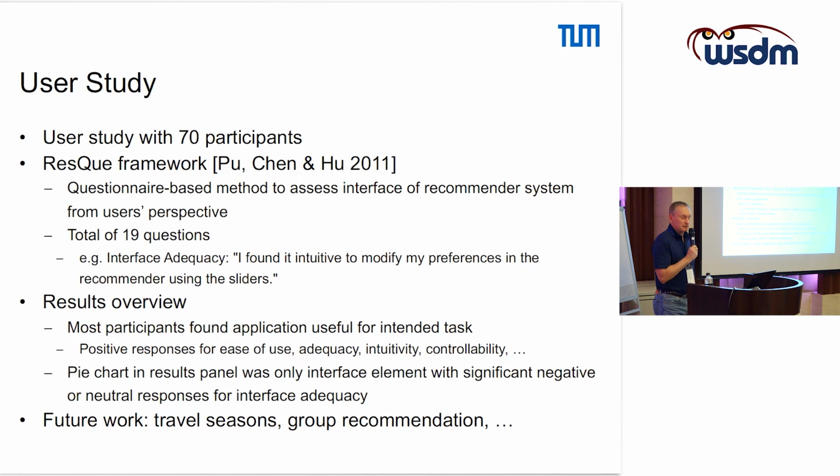One idea is also to consider group recommendation, because users usually travel in groups. So you have preferences from different people that need to be merged and aggregated, and also somehow shown on the map or in the application, showing how each individual's preferences would fit the travel regions.